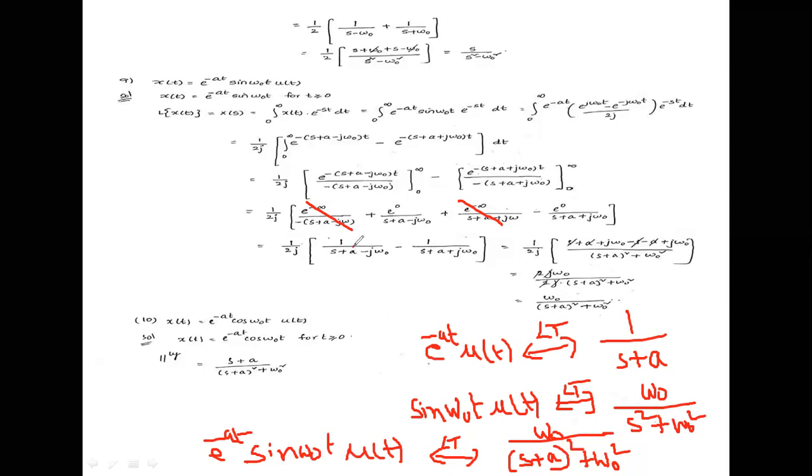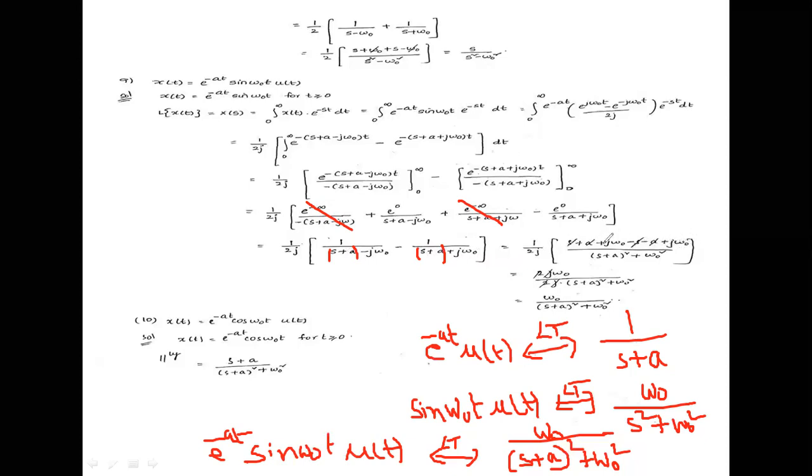Now you can take s plus a as a single term. It is in the form of 1 by (a minus jb) minus 1 by (a plus jb), so the denominator is a square plus b square. What is a here? (s plus a) whole square minus (j omega naught) whole square; j square is minus, so it becomes plus. And the numerator is s plus a plus j omega naught minus s minus a plus j omega.